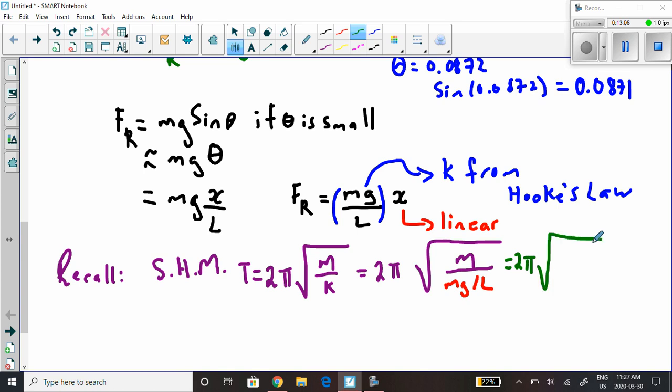So we get 2 pi times the root of L over g. So by remembering what we learned for simple harmonic motion in the past, I can now tell you that the period of a simple pendulum is equal to 2 pi times the root of the length of the pendulum divided by the gravitational field strength near the surface of the Earth.